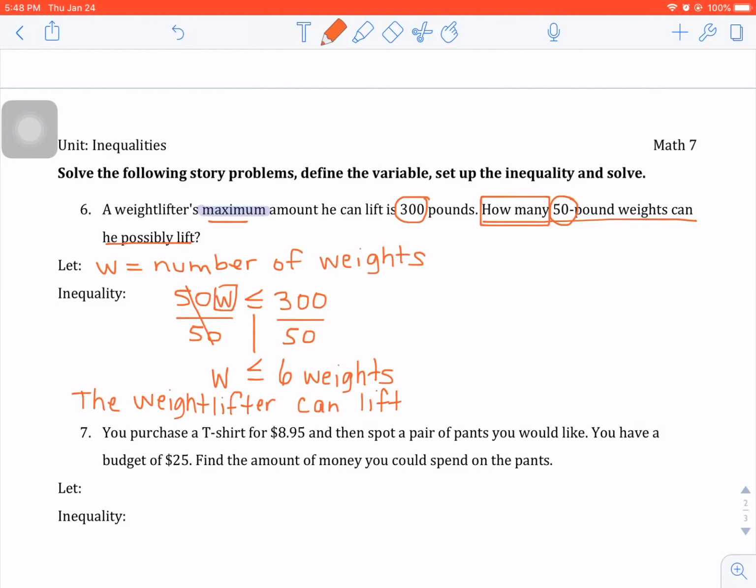We would say something like no more than six weights. Or if you wanted to be more specific, you can say 6 50-pound weights.